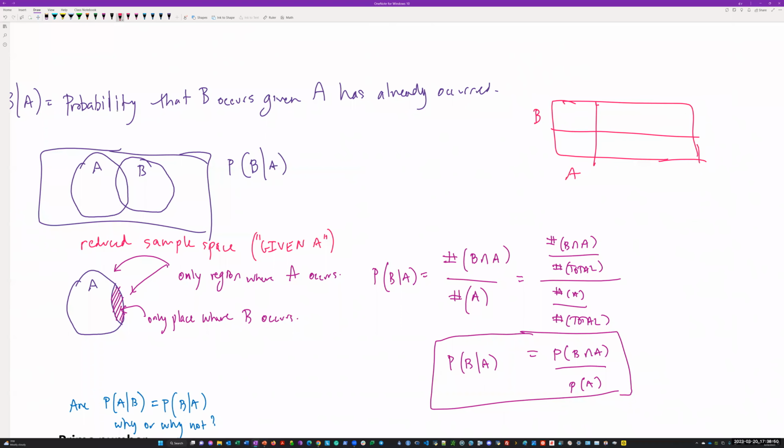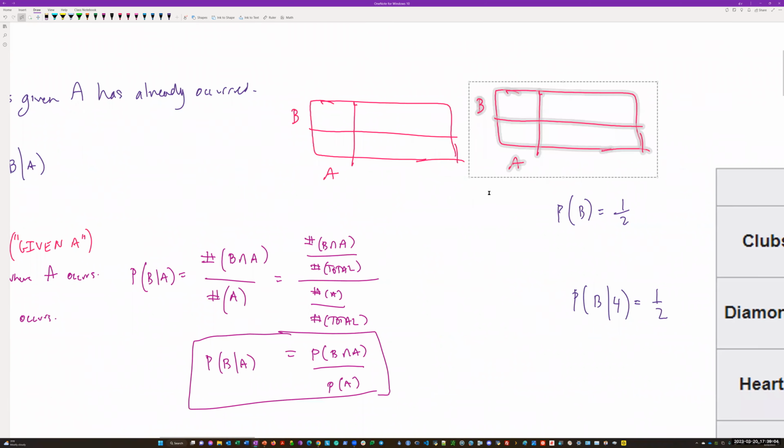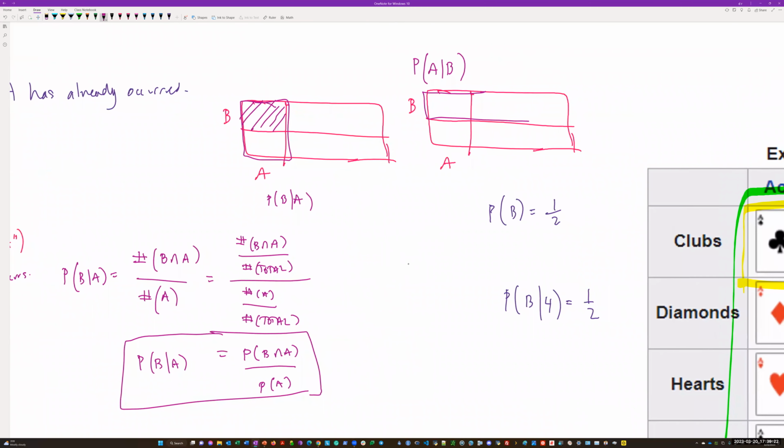Then what's the chances that you're B given A? Well, that would be the chances in this part that you're in here. And what's the chances that you're A given B? That's the chances out of this thing you're in there. Not the same thing. Does that make sense?